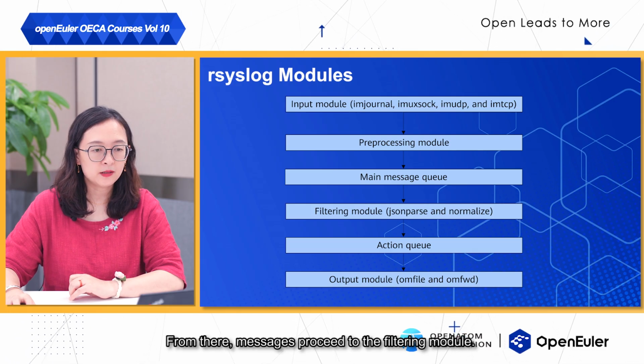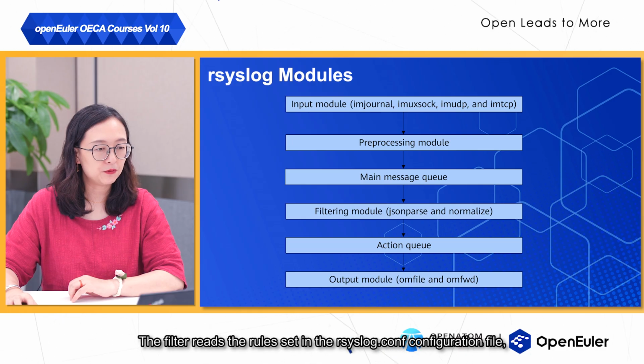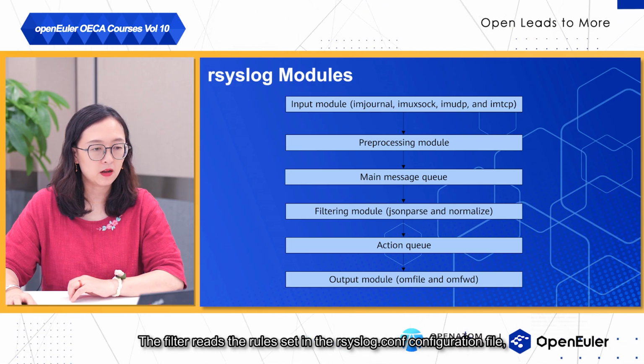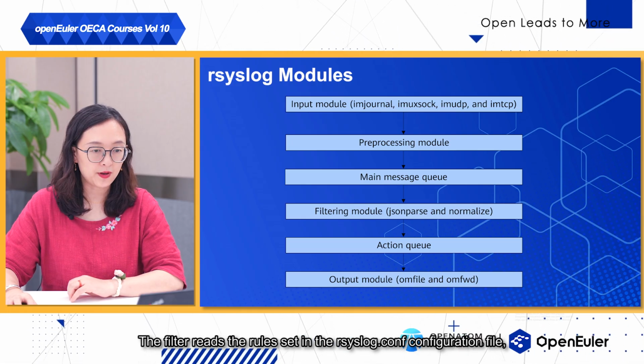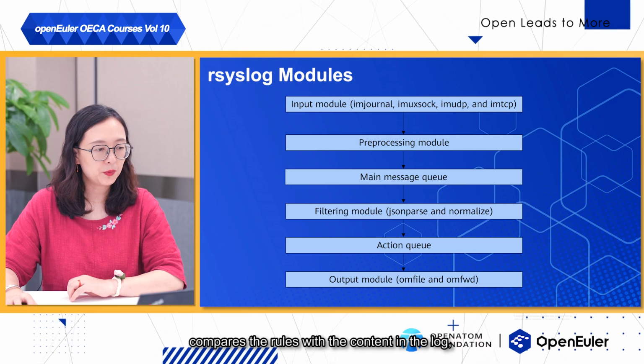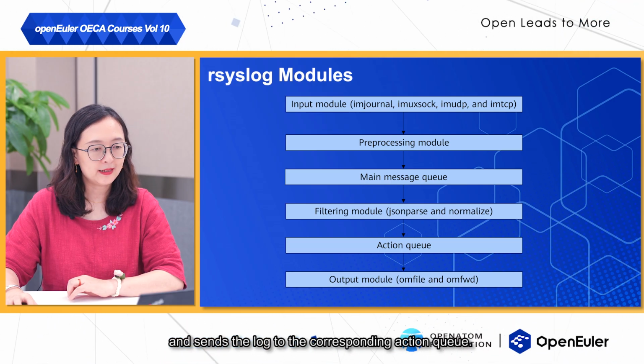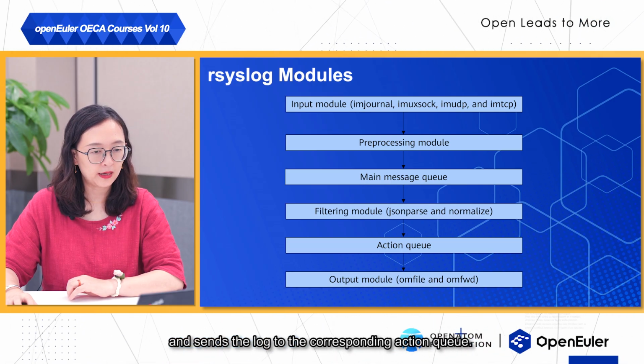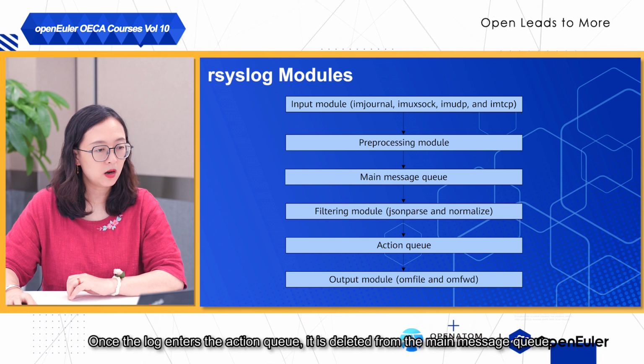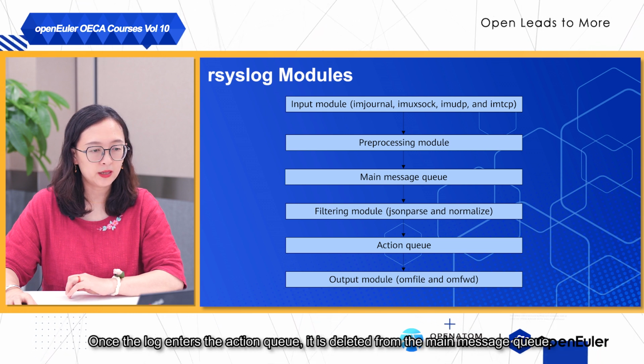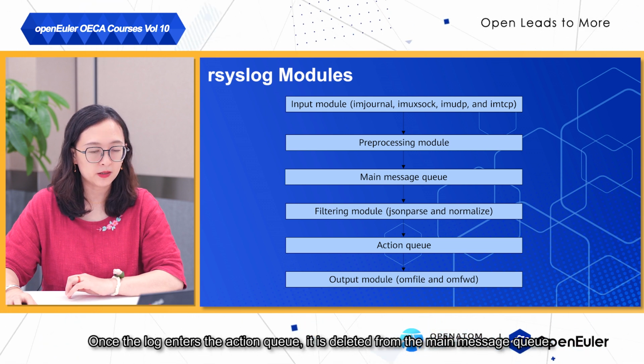From there, messages proceed to the filtering module. The filter reads the rules set in the rsyslog.conf configuration file, compares the rules with the content in the log, and sends the log to the corresponding action queue. Once a log enters the action queue, it is deleted from the main message queue.